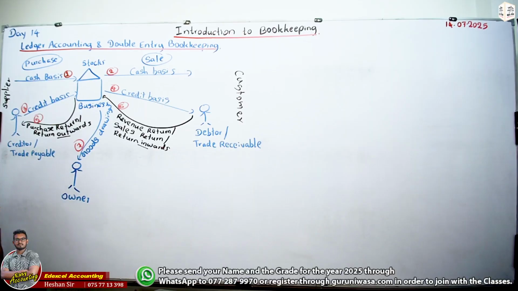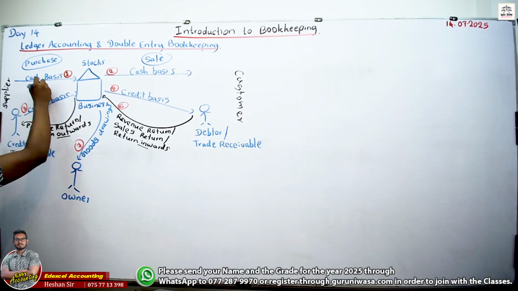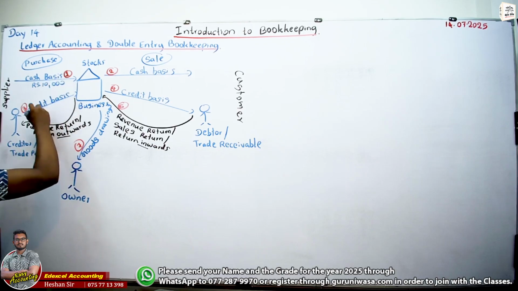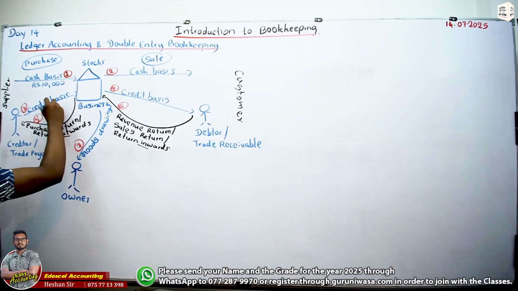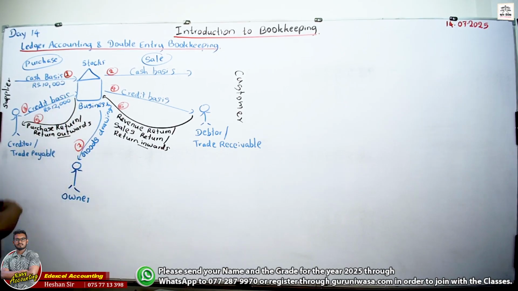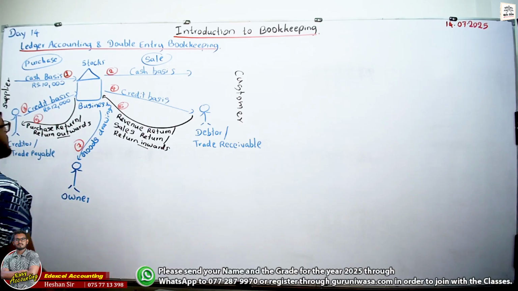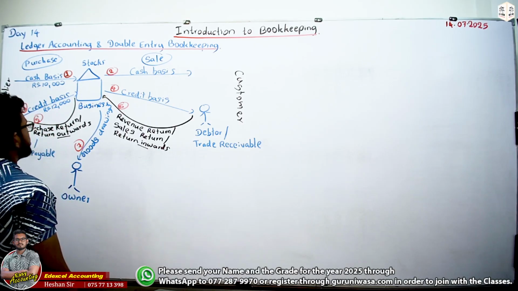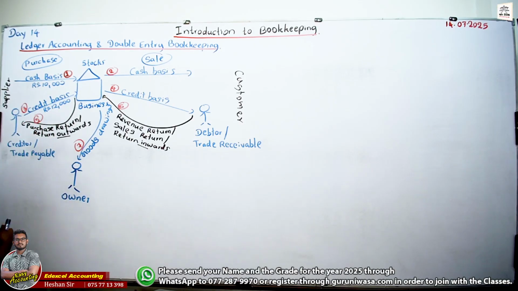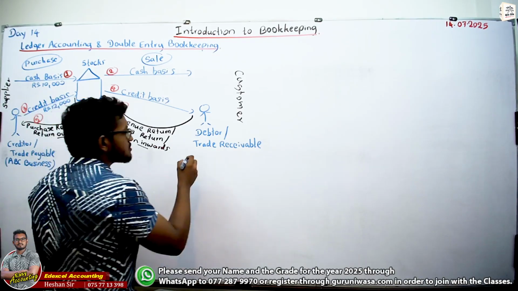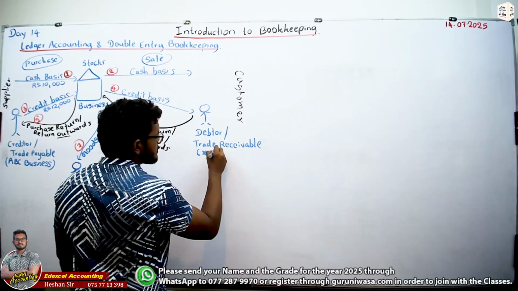Think our cash basis purchase, rupees 10,000. Credit basis purchase, rupees 12,000. And cash basis sale. Think the creditor, we purchase goods on credit basis from ABC business. Here, we sold the goods on credit to XYZ business.